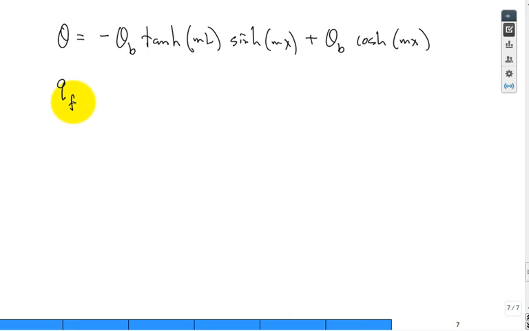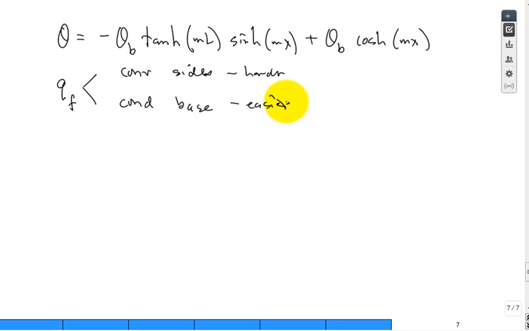Okay, there's two ways to calculate this. You can do it by convection off of the sides, or you could do it by conduction at the base, the base. Both of them will give you the same answer, but this one is a little harder. This one's a little easier. Well, let's pick the easy route.